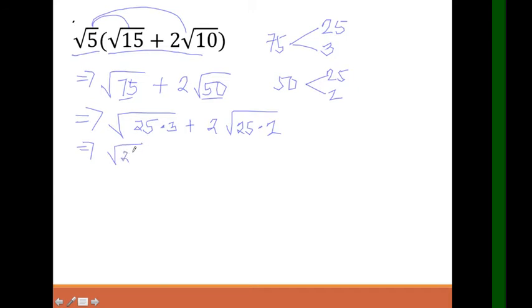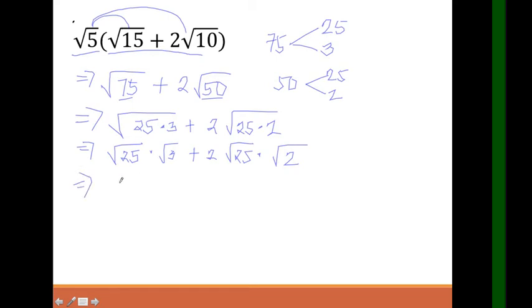So that's square root of 25 times square root of 3 plus 2 times square root of 25 times square root of 2. Then, what is the square root of 25?